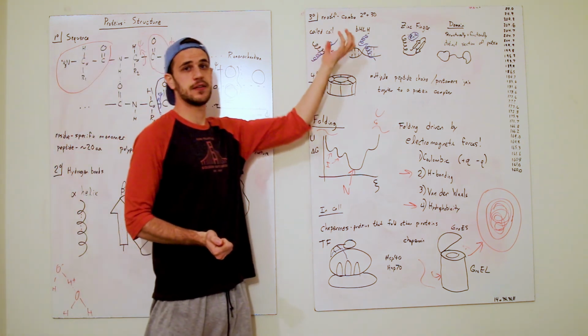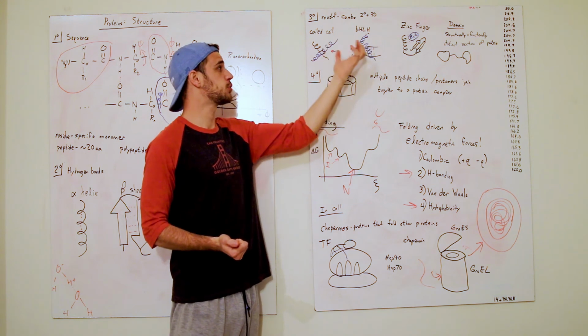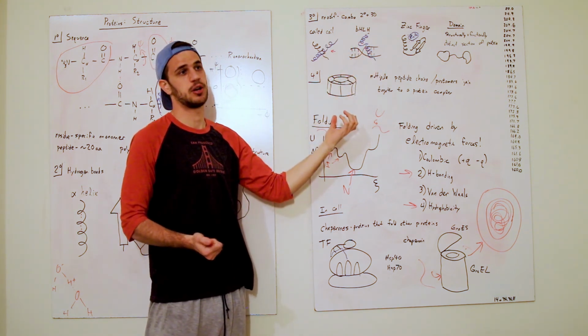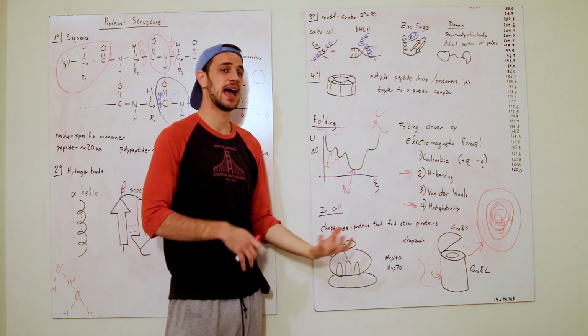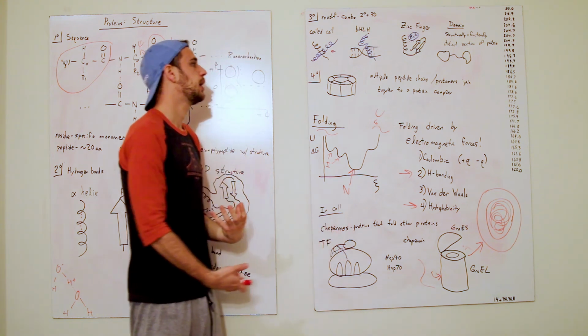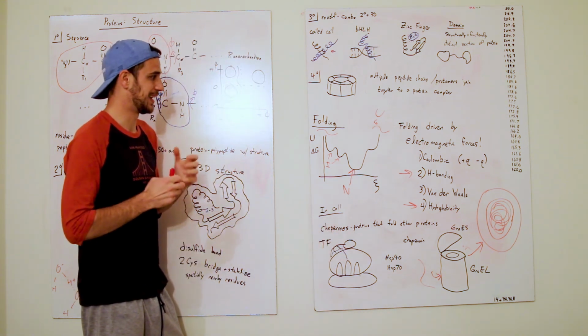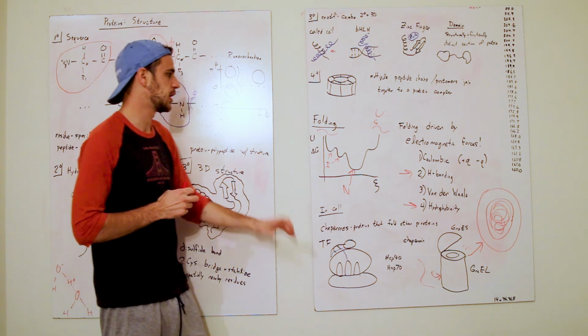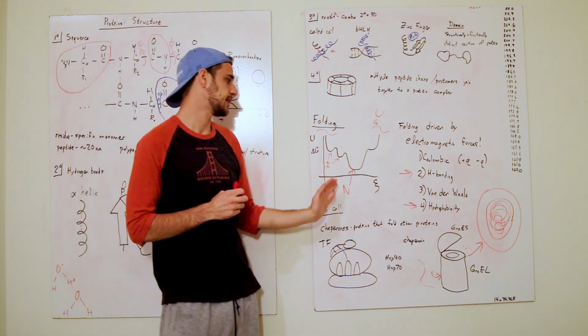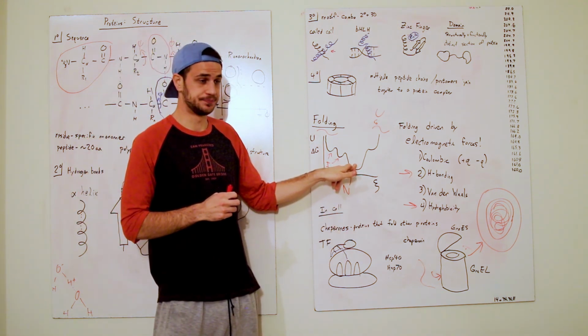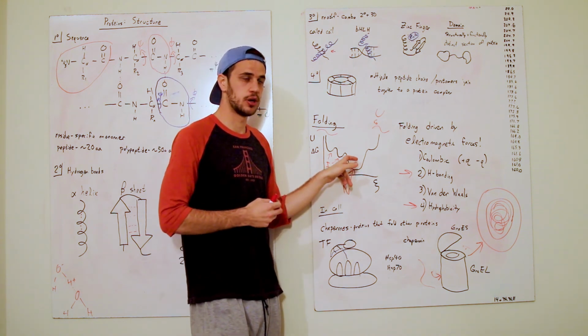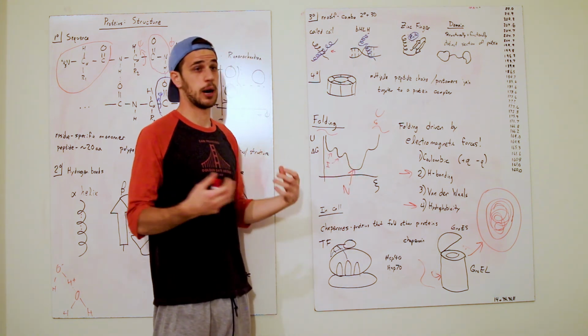Then that can give us a function, but sometimes multiple proteins need to combine together in order to form a protein complex that has actual functionality. And the ways that this protein can get into these folded structures is by folding along an energy landscape and finding the lowest energy structure, which gives it the proper function.